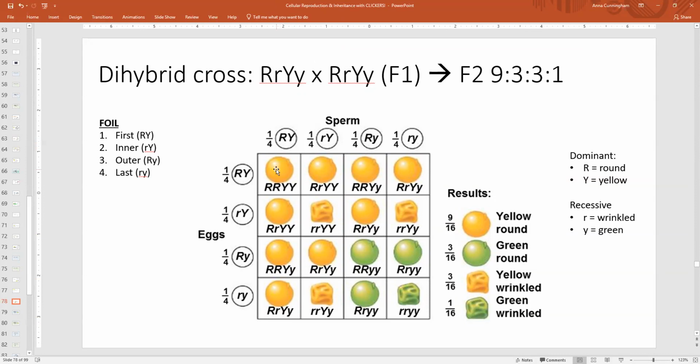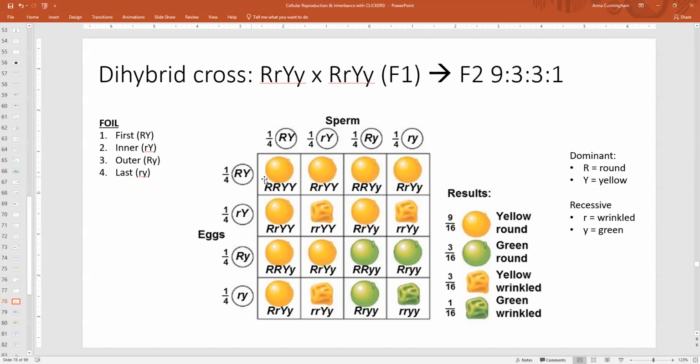So with this one, we have a capital R, capital Y, capital Y. That gives us homozygous dominant for R, homozygous dominant for Y. Our second is lowercase r, capital R. We pretty much always write the dominant allele first, which is why we don't write lowercase r, capital R, but honestly it doesn't matter as long as you know what you're talking about.